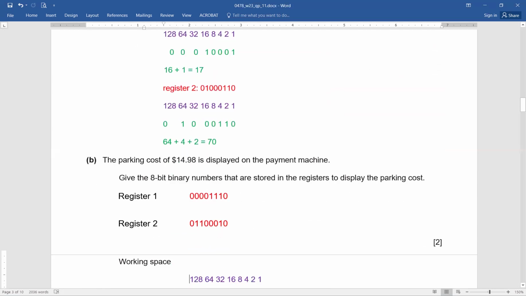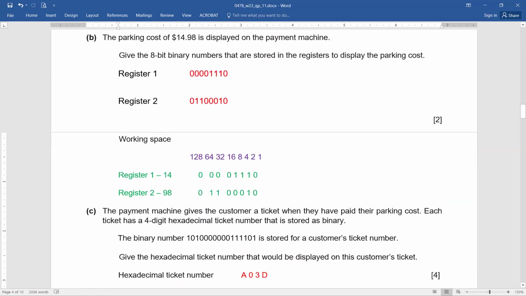Okay, now part B. The parking cost of $14.98 is displayed on the payment machine. Give the 8-bit binary numbers that are stored in the registers to display the parking cost. So register 1 is 14, as we can obtain from here, and register 2 is 98, as we can obtain from here. So simply place the ones or zeros in the right position to get the value for 14.